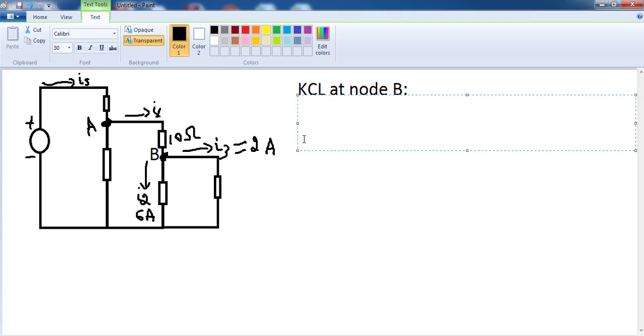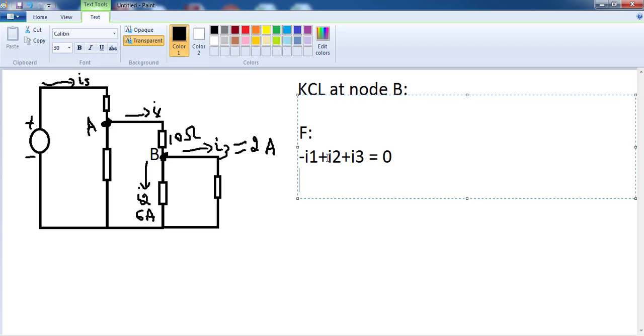I1 is going into B. So in the formula, since it's going into B, it's negative I1, plus I2, because I2 is going away from node B, and I3 also going away from node B, equals 0.